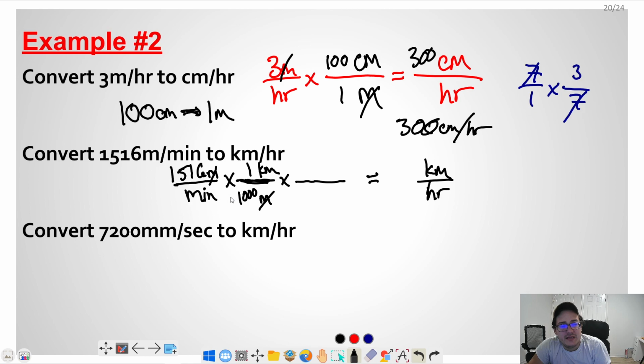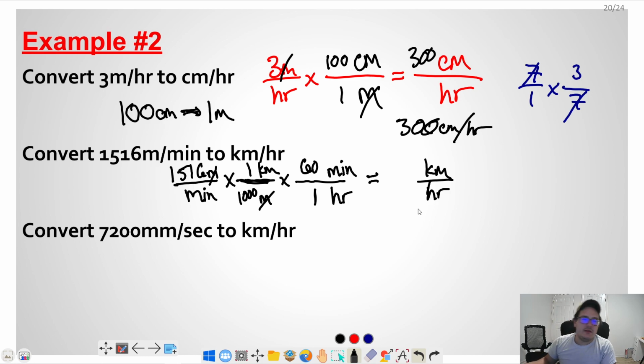But we still have minutes here. We want minutes to cancel out. So if minutes are on bottom here, what do we do to get them to cancel out? We're going to put them on top. If we're going from minutes to hours, we're going to put minutes on top, hours on bottom, and in every 1 hour, you have 60 minutes.